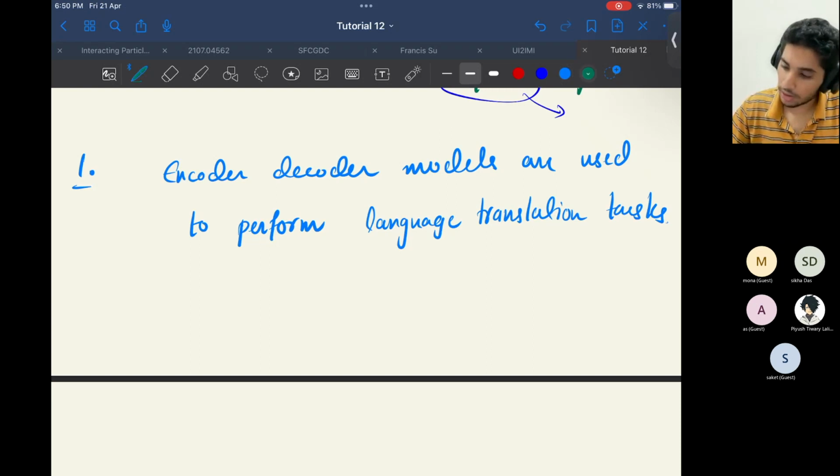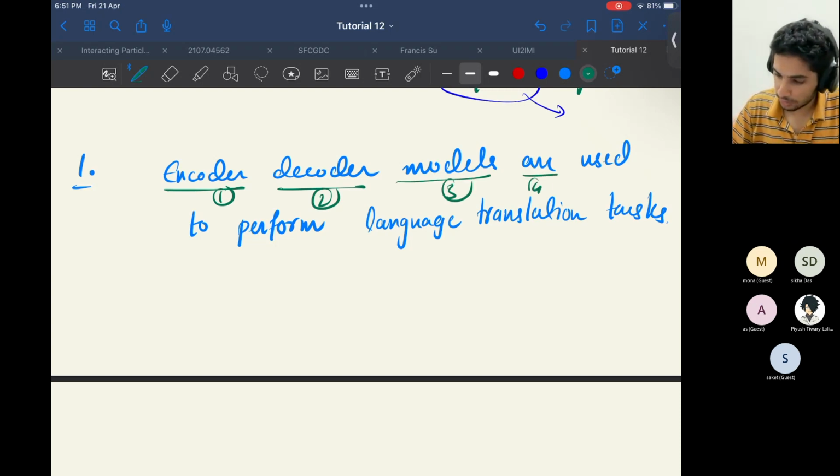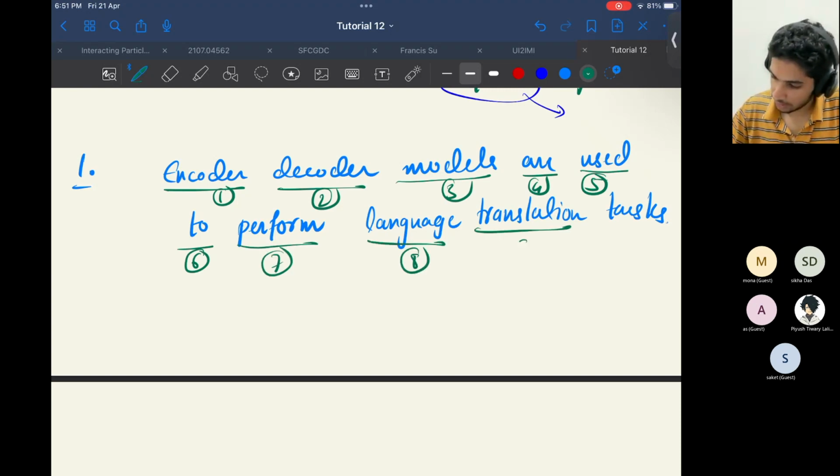Okay, so let us count the number of words here. So this is one, two, three, four, five, six, seven, eight, nine, 10. So there are 10 words.